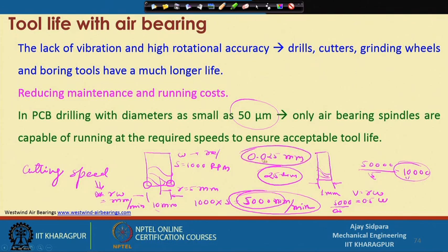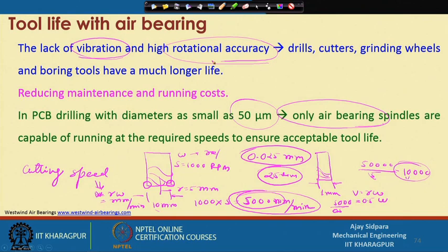If you multiply this and calculate, it will be in terms of lakh. If you are working with this, then only air bearing works, because when you are rotating at 2 lakh rpm or 3 lakh rpm, there should not be vibration, because even a small sub micron vibration is enough to break this tool, and similarly it should be free from run out.